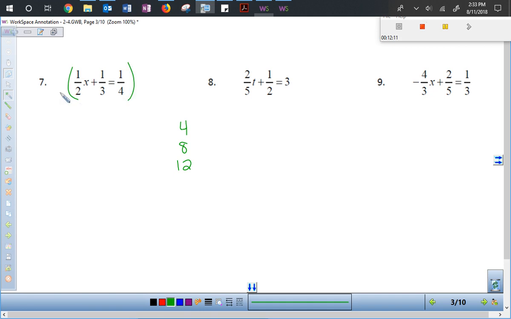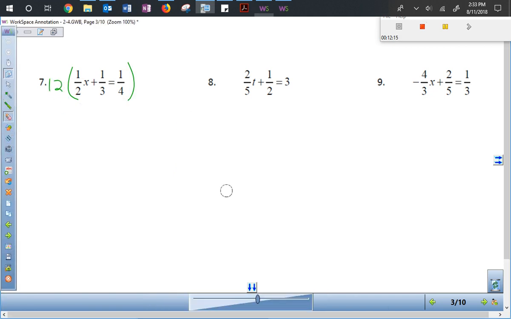So 12 is my least common denominator here. Now again, if you would have taken 2 times 3 times 4, that would have given you 24. So be careful with what numbers you're choosing.